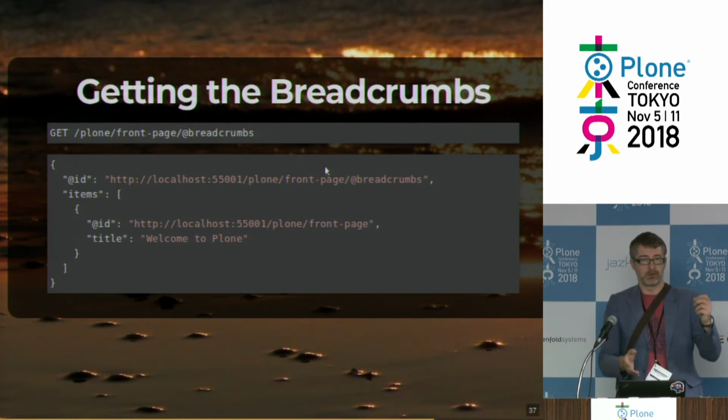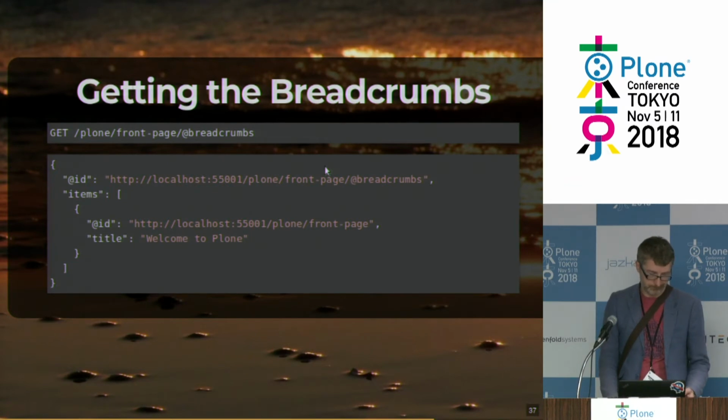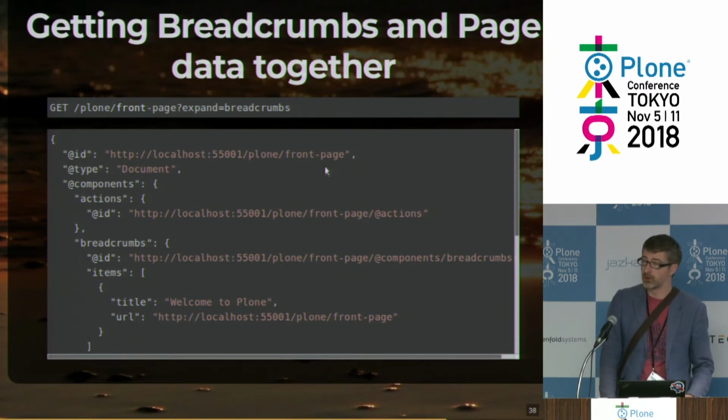Maybe you have a lot of services and you want to fetch them after you show the content already. But for simplicity, it usually makes sense to include this. So I want to have both together. The Plone-Rest-API gives me the expand functionality, so I can just name this service or multiple services, comma separated, with the expand option in the URL.